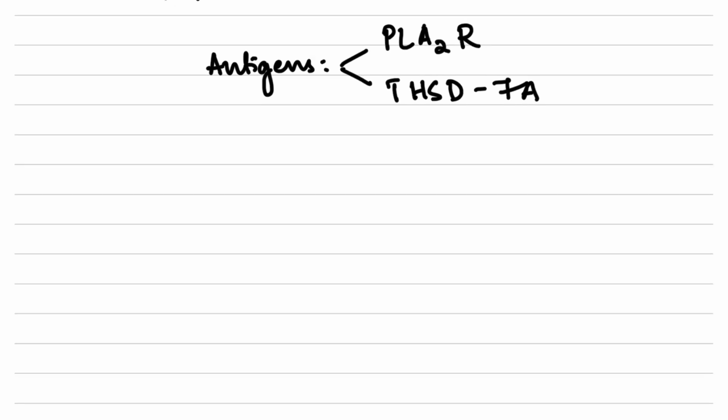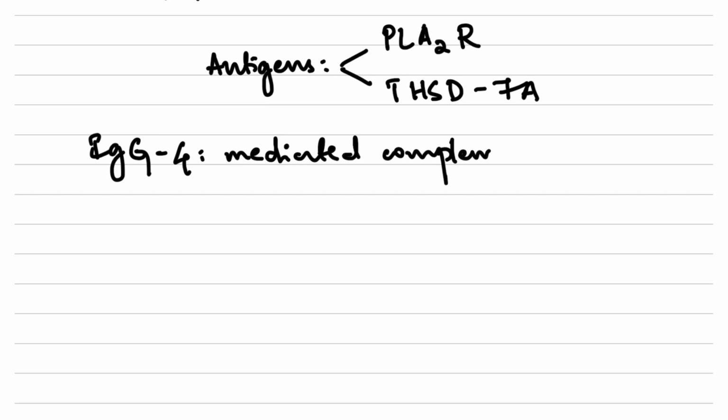And then we have the IgG4 class of immunoglobulins, and it is through this IgG4 mediated complement activation, that is C5b to C9, the membrane attack complex, MAC activation.